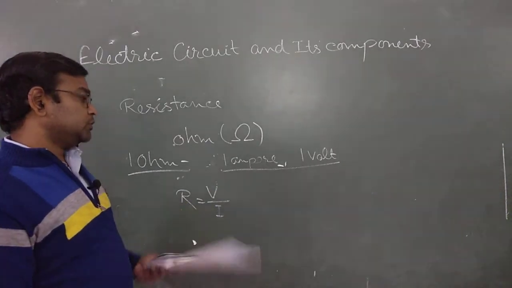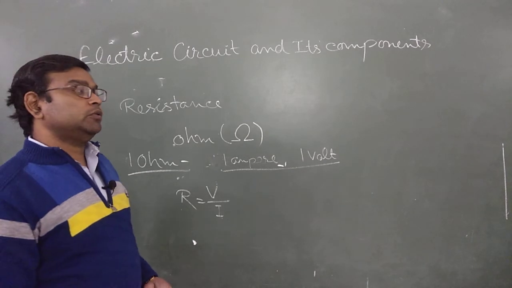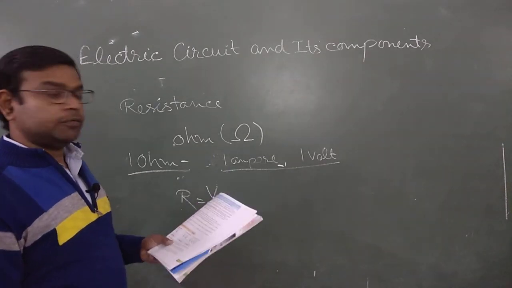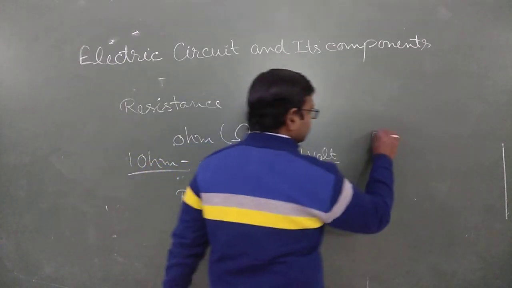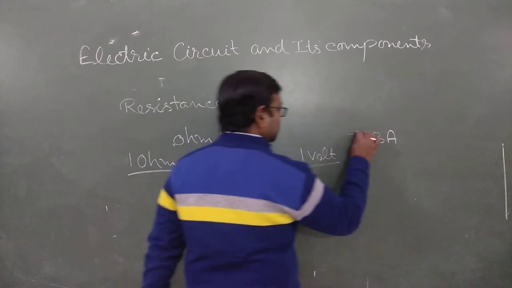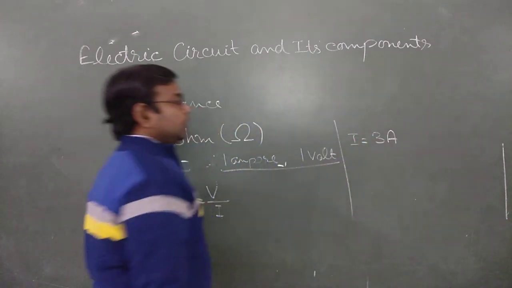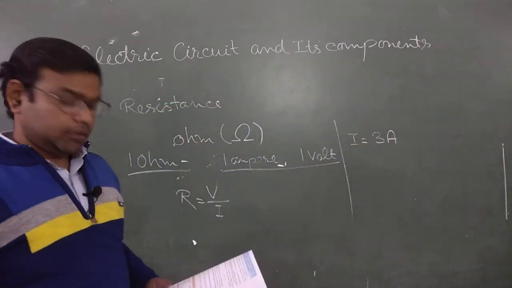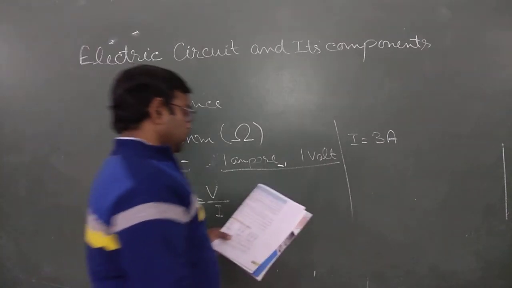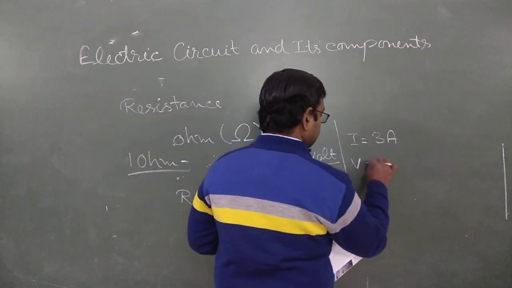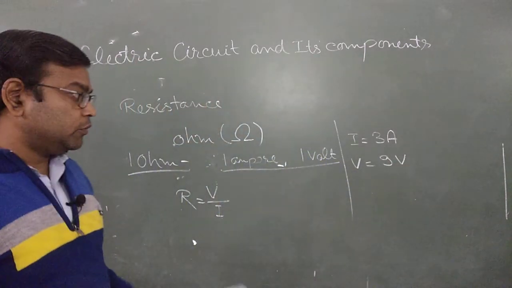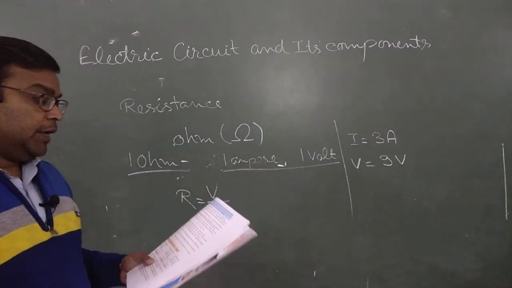So suppose in any numerical it is given to you that a current of 3 ampere, I is 3 ampere, flows through a current carrying conductor whose potential difference V is 9 volt.